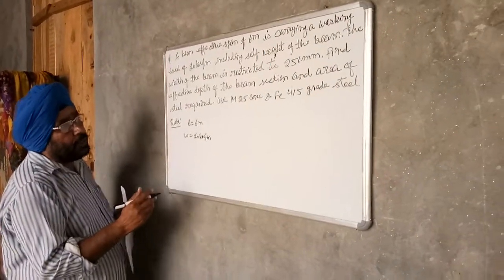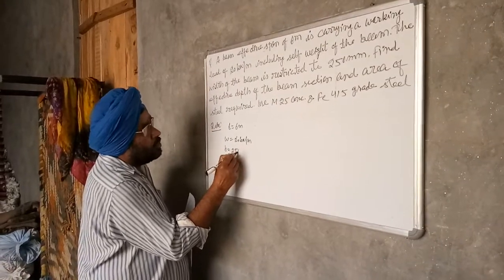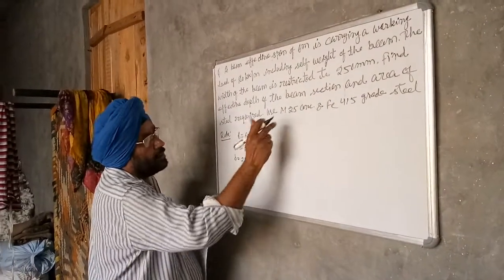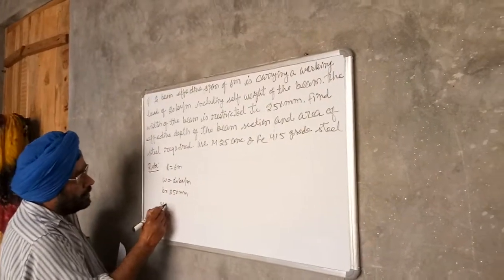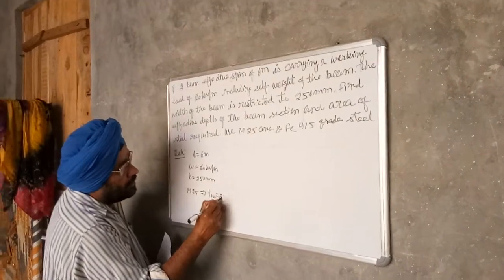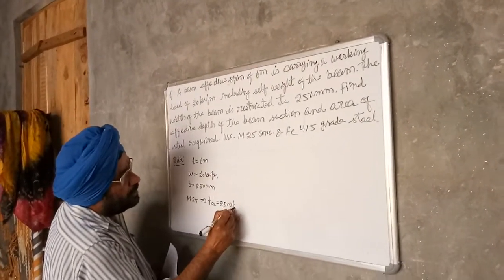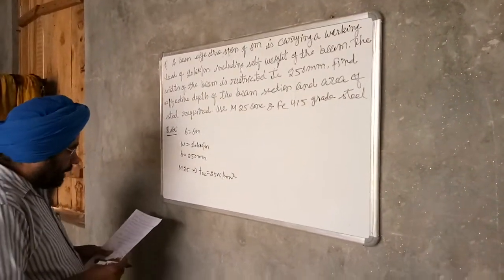Width of the beam is restricted to 250 millimeter, and M25 grade concrete. Concrete grade is M25, it means fck is 25 Newton per square millimeter, characteristic compressive strength of concrete.